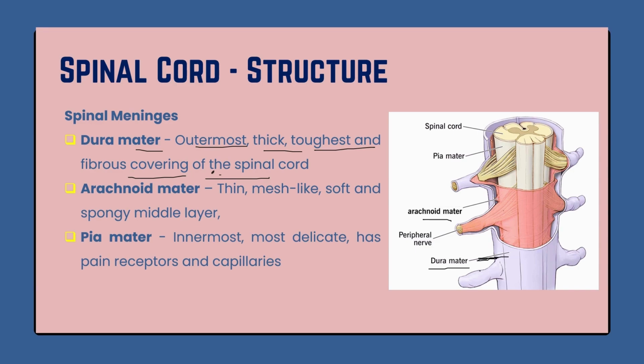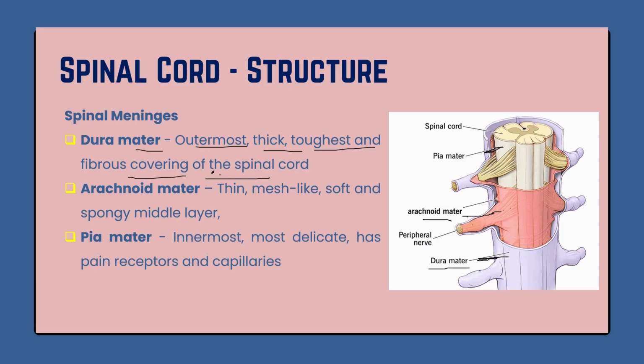Inside the dura mater, we have the arachnoid mater. Arachnoid mater is a thin, mesh-like, soft, and spongy middle layer. Okay, you can see this here, arachnoid mater. Inside the arachnoid mater, the third layer, we have the pia mater. You can see this white layer. All right, this is the innermost, most delicate layer, and it has the pain receptors and capillaries.